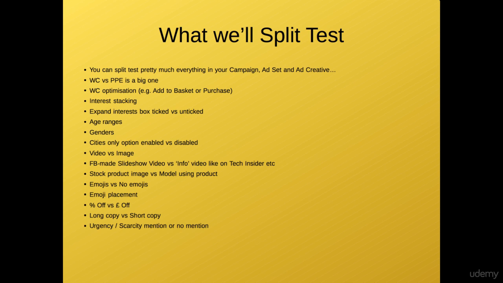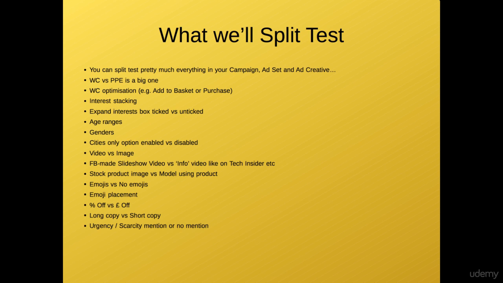Video versus image. So which one of these generates you cheaper cost per clicks? Facebook made slideshow video versus an info video versus like Tech Insider, for example. So basically, this is homemade videos which I've done in this course, which admittedly are not very impressive, are very quick to make, and cost nothing.